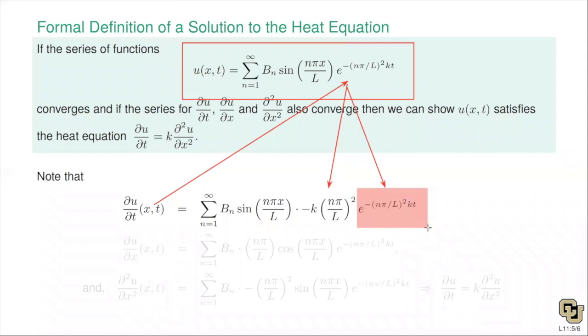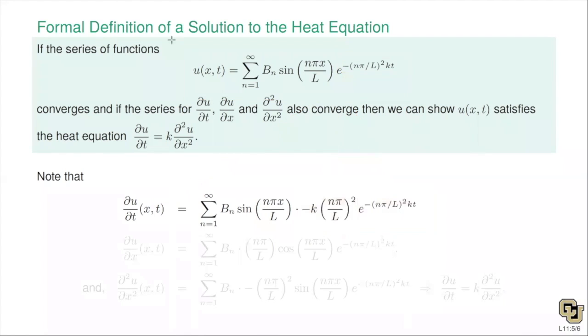Now if you look upstairs, the derivative with respect to t gives me minus quantity n pi over L squared times k, because the derivative of t is just 1. And so that's what you see here: minus n pi over L quantity squared times k with the minus sign in front.